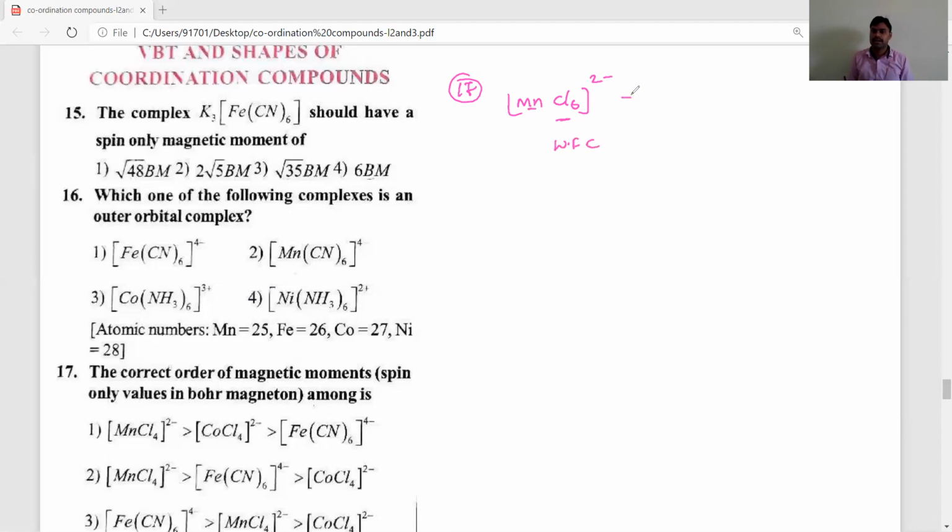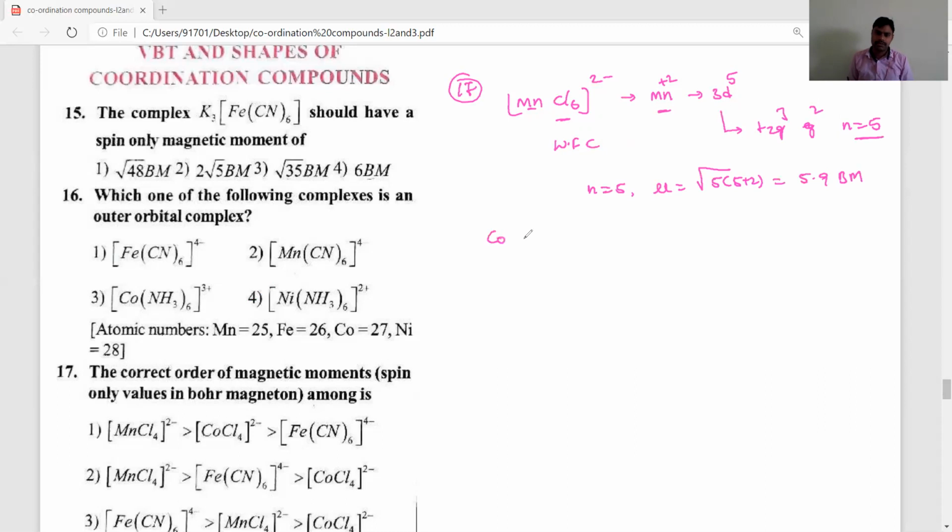The Mn+2 electronic configuration is 3d5, filled according to Hund's rule only. Then t2g3 eg2, n is equal to 5, and the magnetic moment is root of 5 into 5 plus 2, which is 5.9 Bohr magnetons.